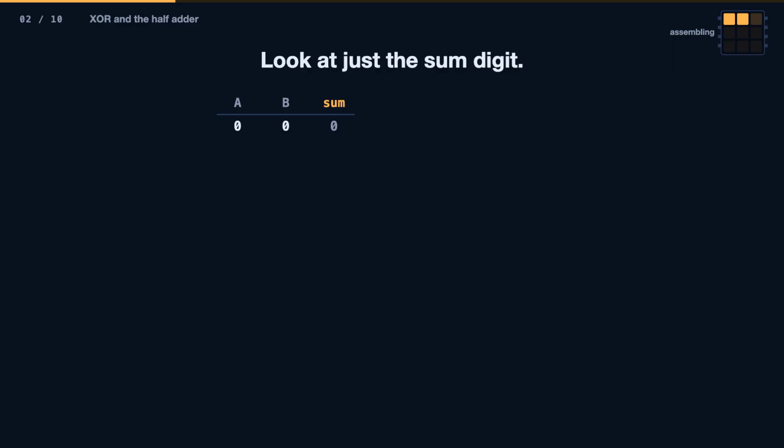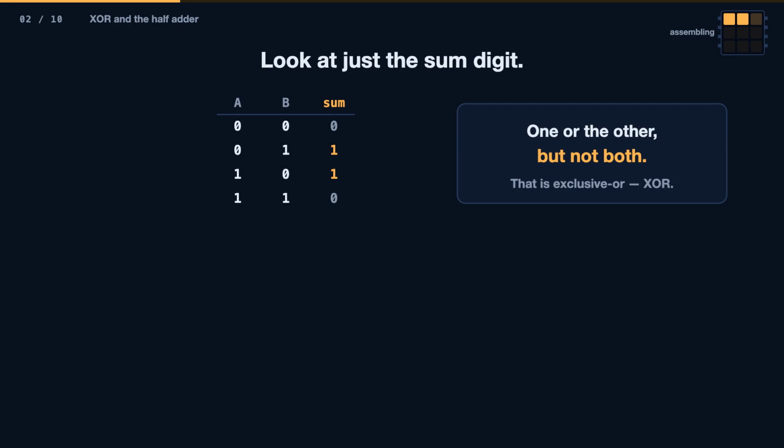Look at the sum digit first. 0, 1, 1, 0. It is 1 when the inputs differ and 0 when they match. One or the other, but not both. That is exclusive OR.